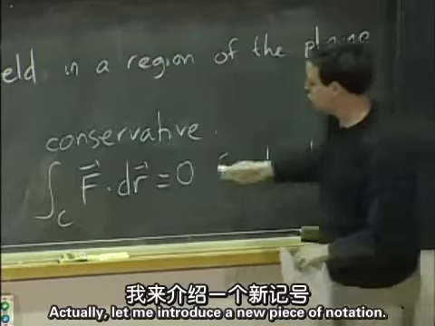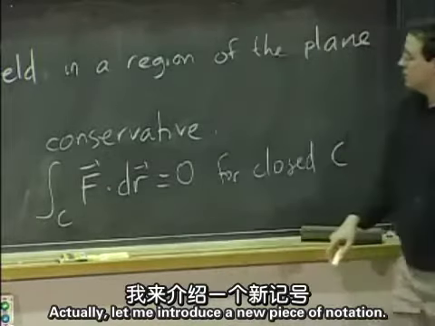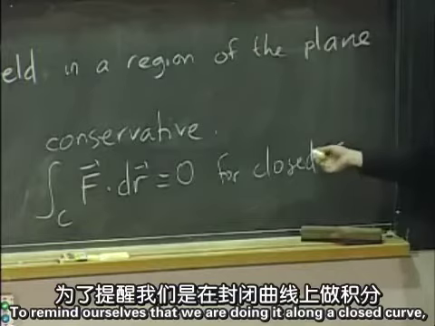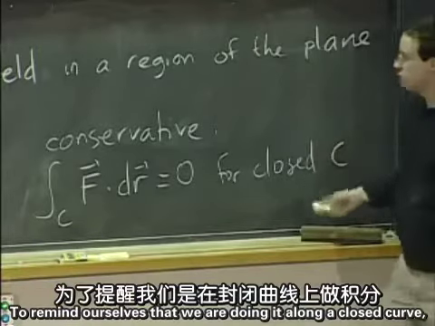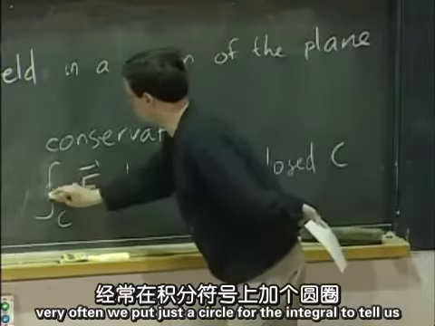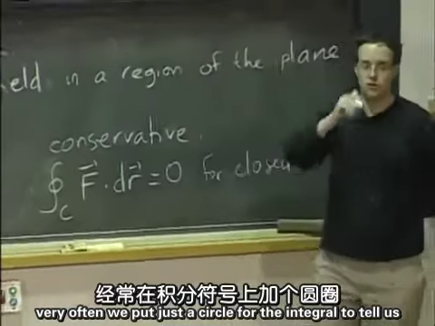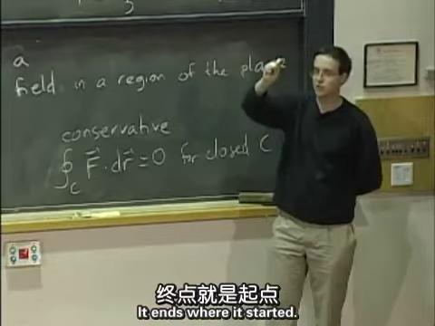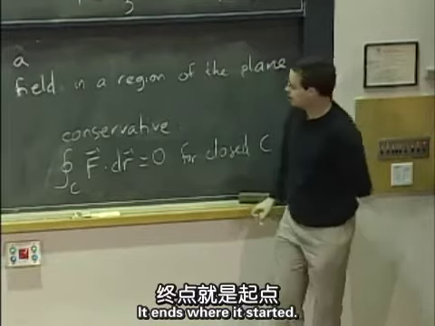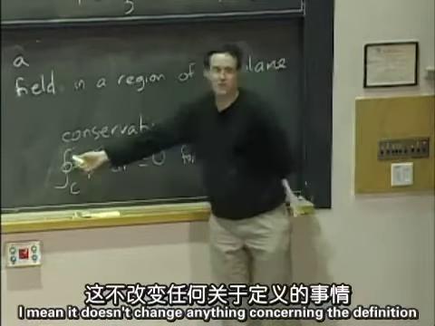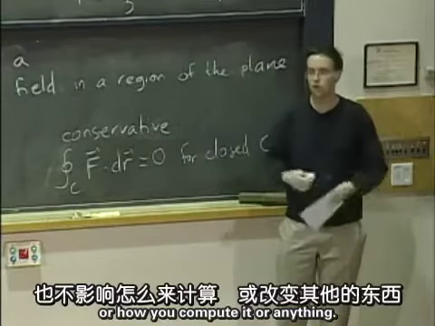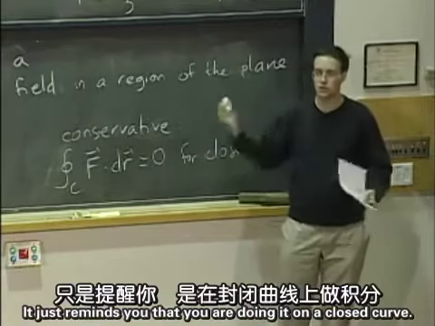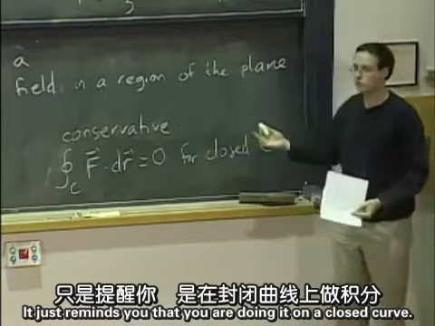So actually, let me introduce a new piece of notation. To remind ourselves that we're doing it along a closed curve, very often we put just a circle through the integral to tell us this is a curve that closes on itself. It ends where it started. It doesn't change anything concerning the definition or how you compute it. It just reminds you that you're doing it on a closed curve.